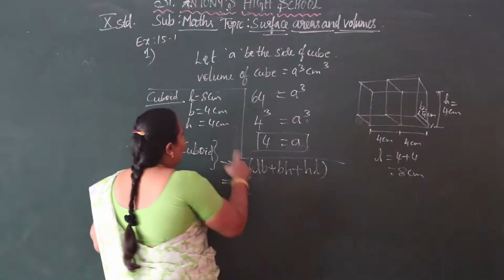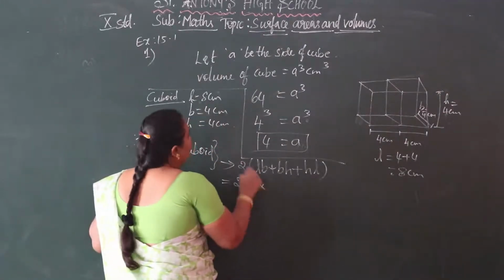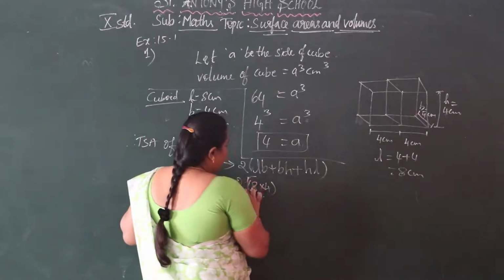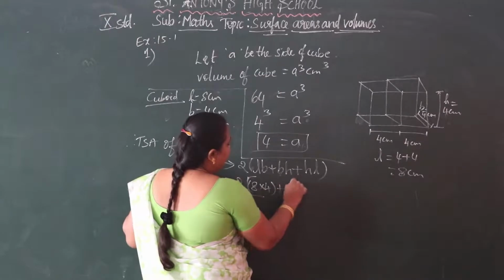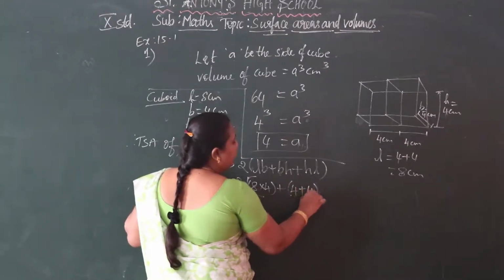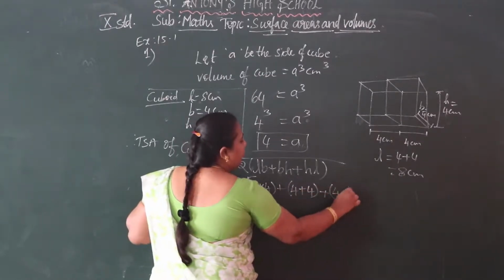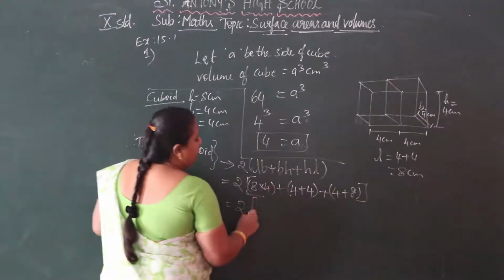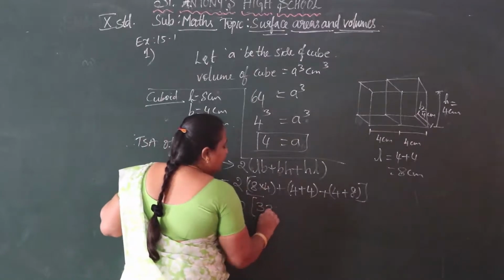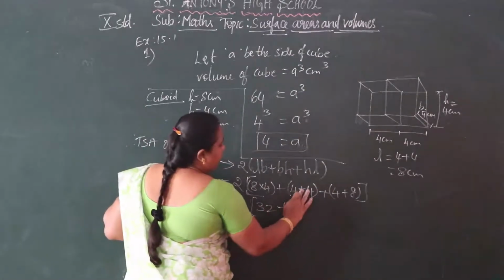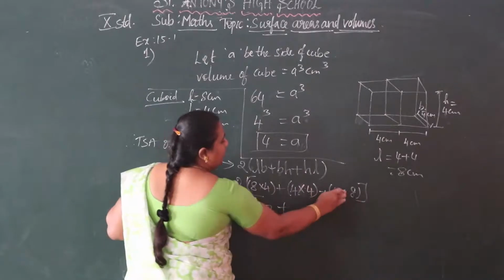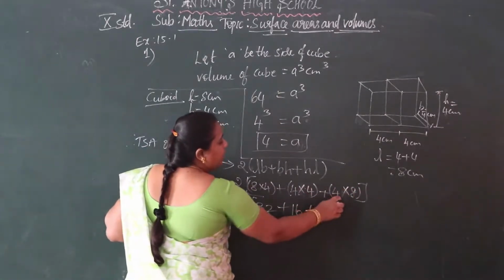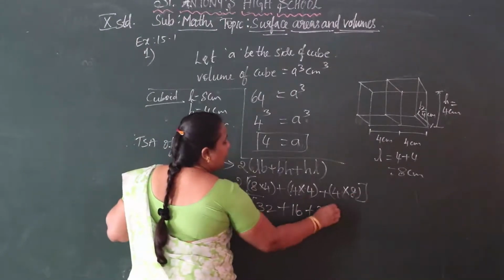2 into L, which is 8, into B, 4, plus B, 4, into H, 4, plus H, 4, into L, 8. So 2 into 8 fours are 32, plus 4 fours are 16, plus 4 eights are 32 again.